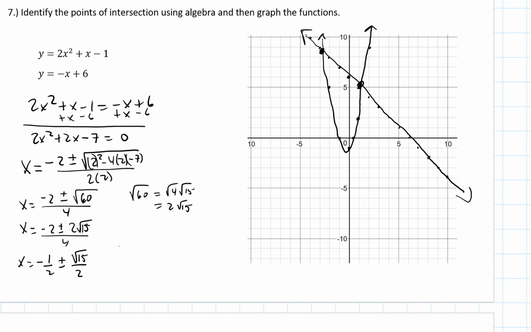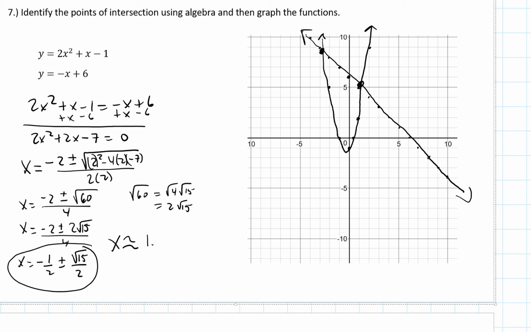So this basically is going to be our solutions. So what we have to do is just punch this into the calculator. So then you got negative 0.5 plus the square root of 15, divided by 2. Oh, I don't like that, so let me try this, negative 2 plus 2 square root 15 divided by 4.